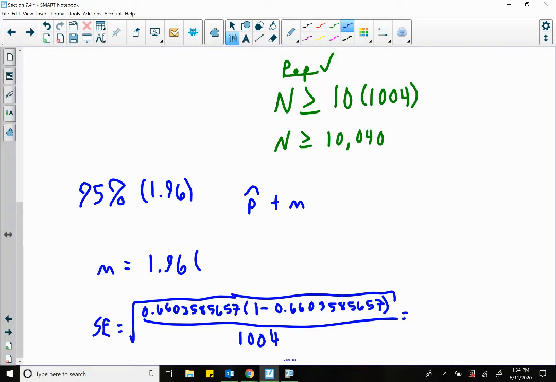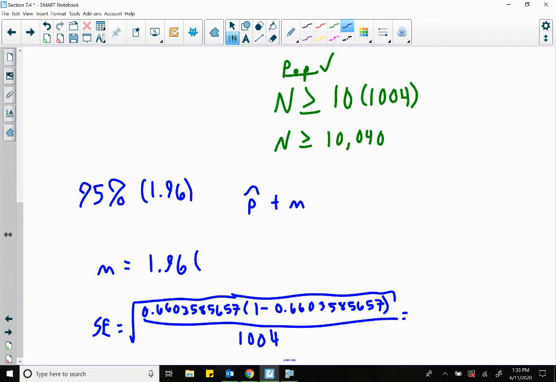So let's go to our calculator, let it figure this out. We're going to take second, square root, 0.6603585657, parenthesis 1 minus 0.6603585657, close the parenthesis, all over 1,004. Uh-oh, it said syntax error.